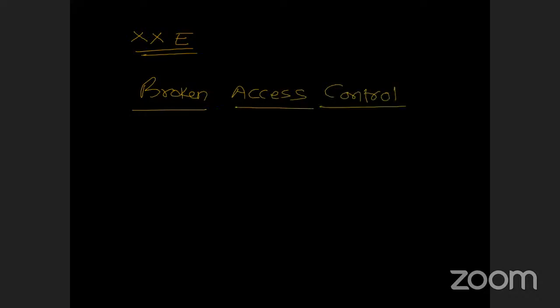So again, if you see there is something wrong with your access control and someone has broken that rule, even the term is self-explanatory. Now it is saying that restrictions on what authenticated users are allowed to do are often not properly enforced in your application.